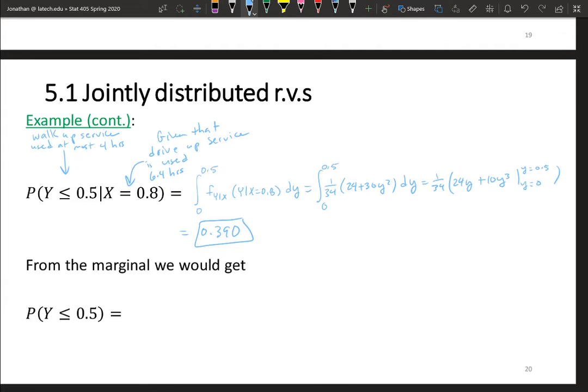So that's what this probability is finding. The probability that the walk-up service is used at half the 8 hours, so that's at most 4 hours, given that the drive-up service is used 6.4 hours. So 39% of the time, you're going to go at most 4 hours on the inside and 6.4 hours on the outside, or the drive-up service.